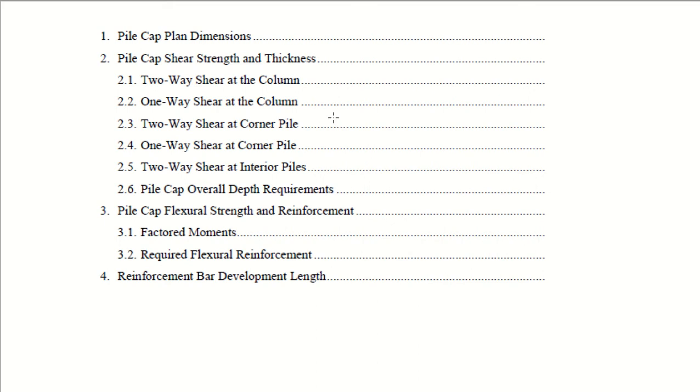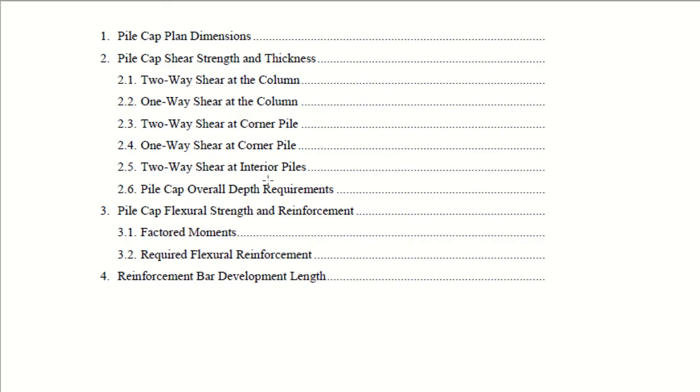This is the description of the contents. We will see first the dimensions. Then in the second phase will be the pile cap shear strength and thickness, one way shear at column, two way shear at the column. Then two way shear at corner pile, one way shear at corner pile.